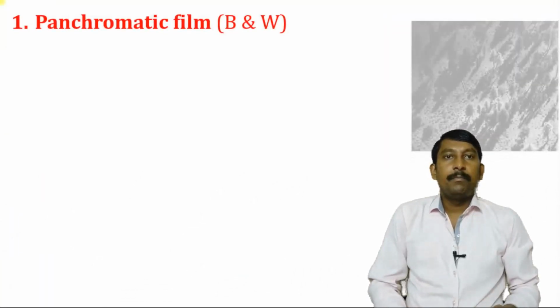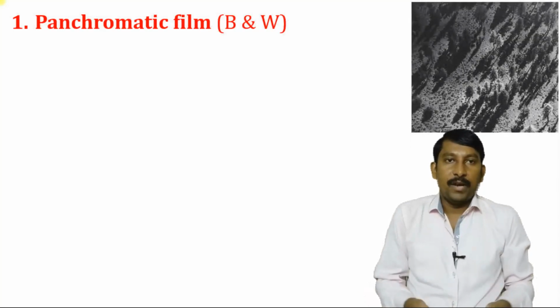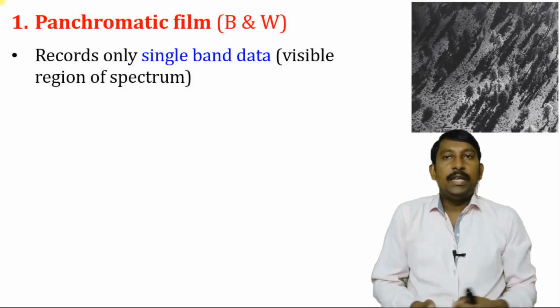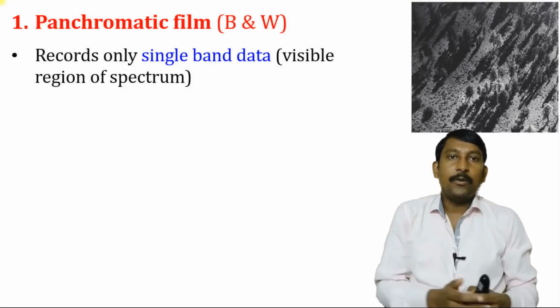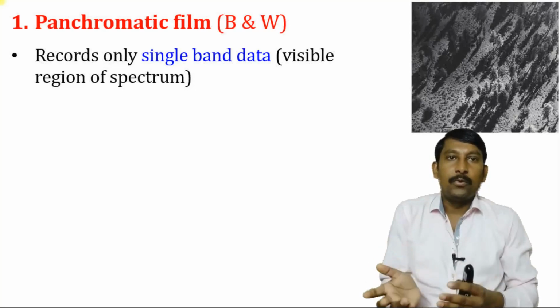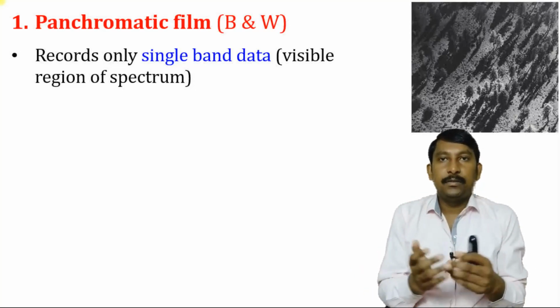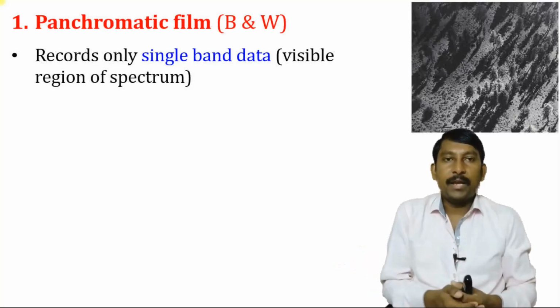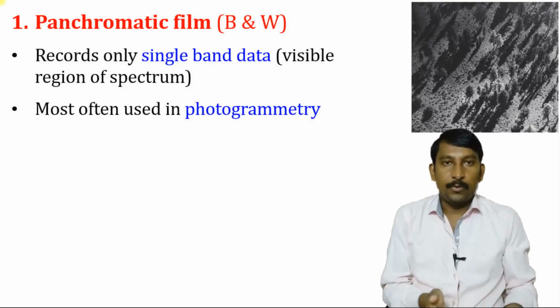First, panchromatic film or black and white film records only single band data. It means the visible region of the electromagnetic spectrum is used for capturing panchromatic or black and white film. These are the most often used in photogrammetry.